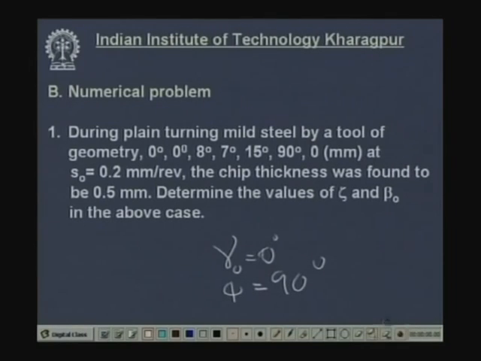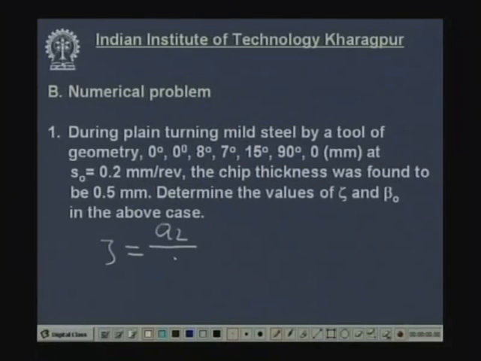Okay, let us try. What is zeta? Zeta is equal to A2 by A1. A2 is the thickness of the chip. What is A1? A1 is equal to feed S0 multiplied by sin phi. Now, what is phi?